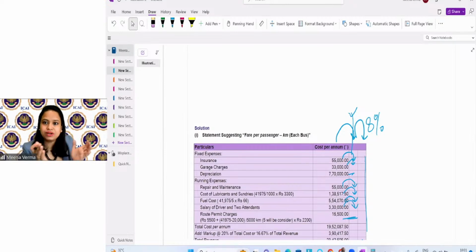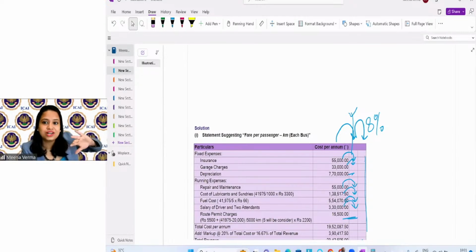So lubricant can be divided according to kilometers, but route permit charges cannot be divided according to kilometers, right? You have traveled half of the distance, so half of the route permit charges will be applicable. This is not possible, right? Whether you travel even one extra kilometer, you have to pay extra route permit charges.